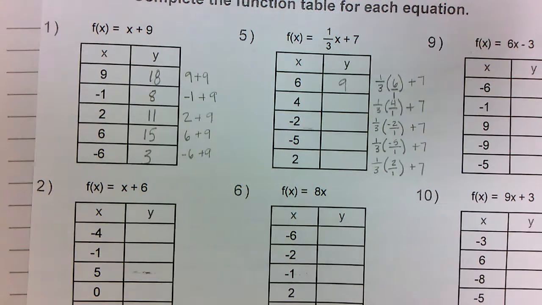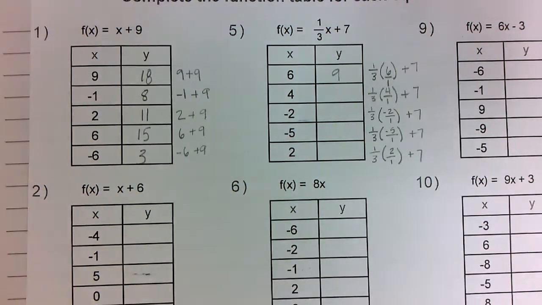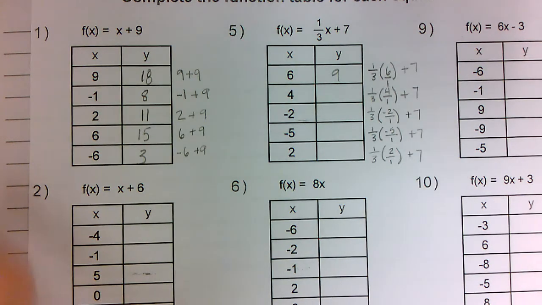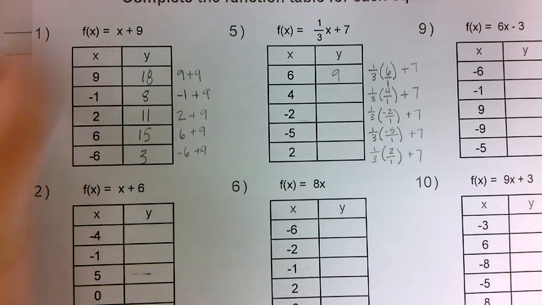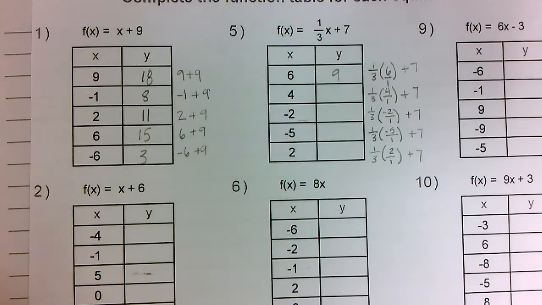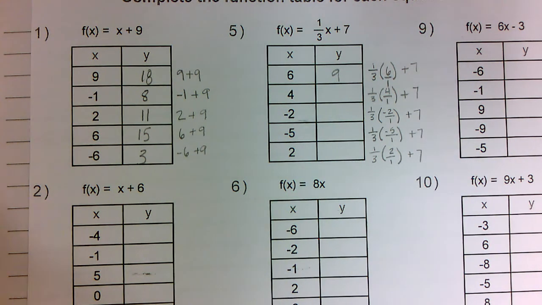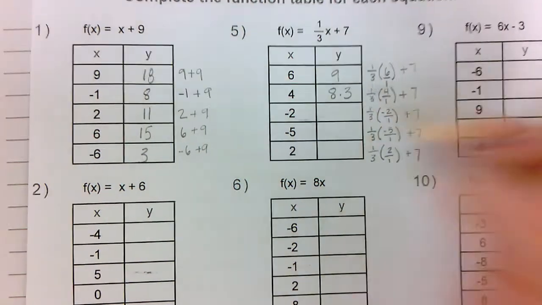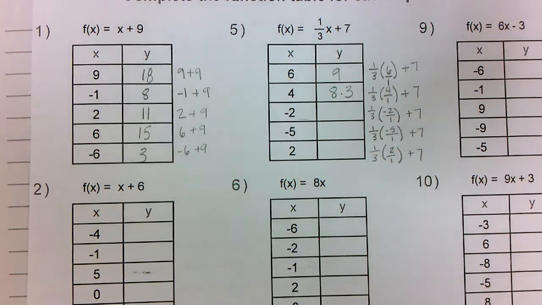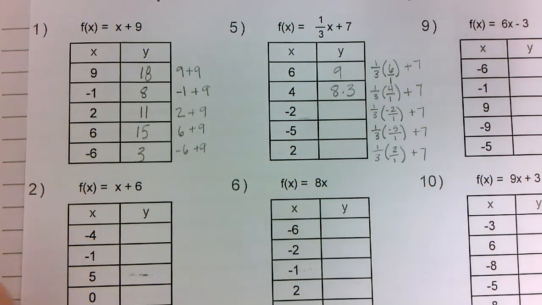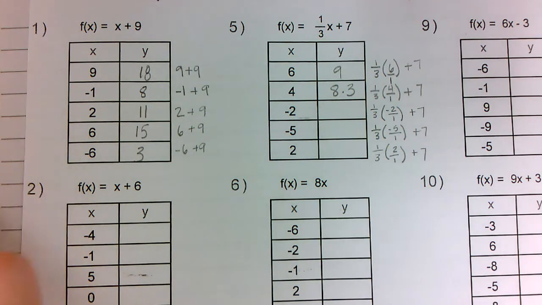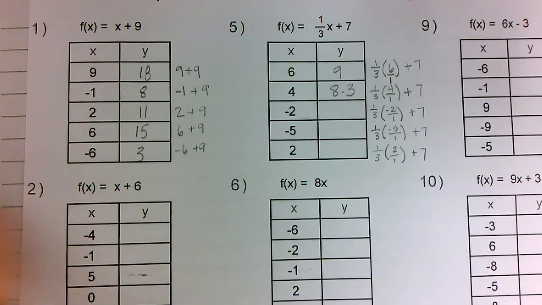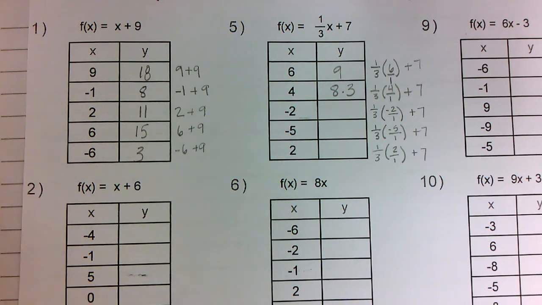And again, you can use your calculator and plug all of this in. So let me just use my calculator over here on the side. 1/3 times 4 plus 7. It tells me it's 8.3. And again, we just figured that out by doing it on paper, but you can use your calculator. Next, I'm going to do 1/3 times -2 plus 7.